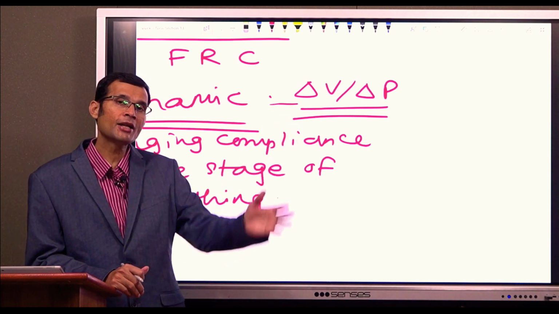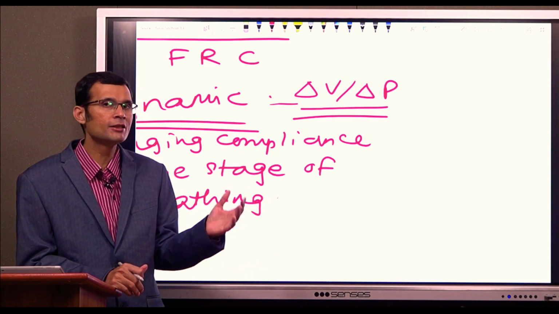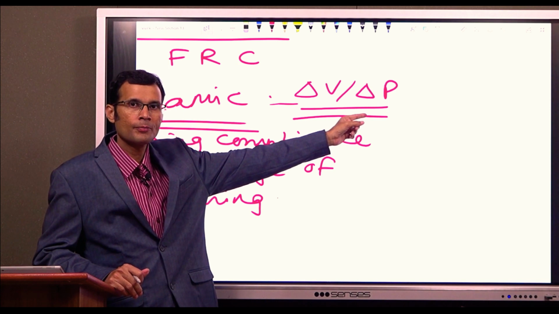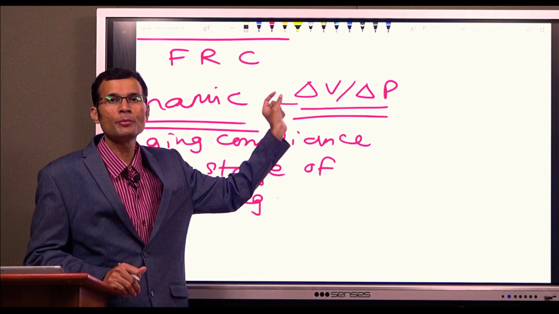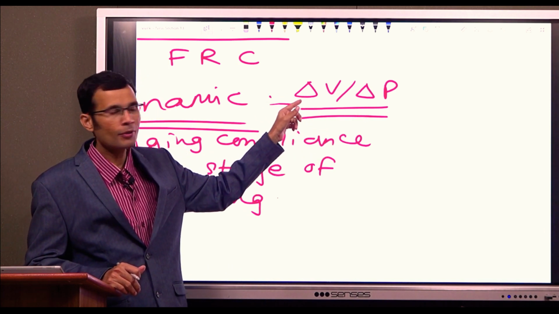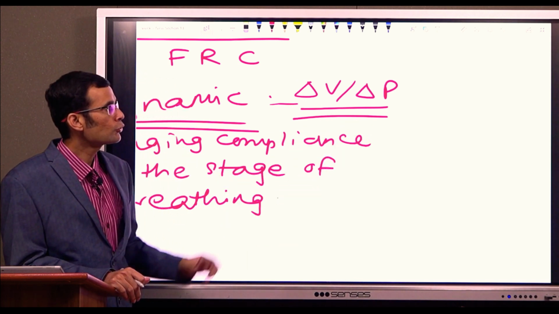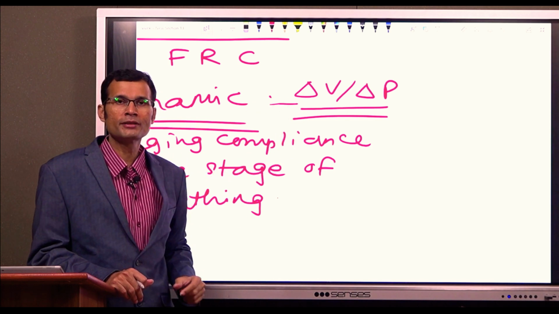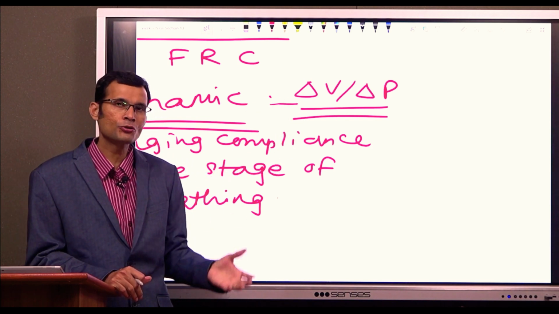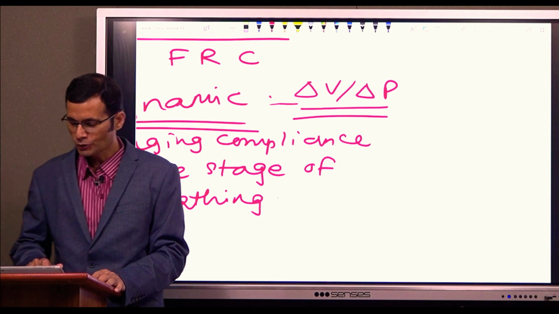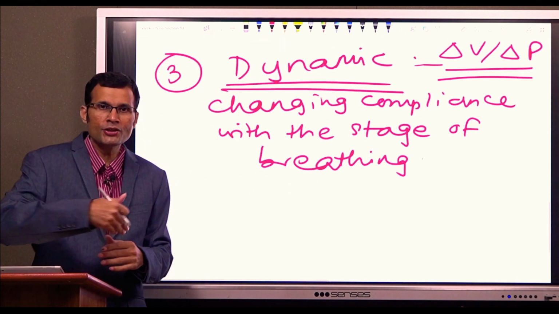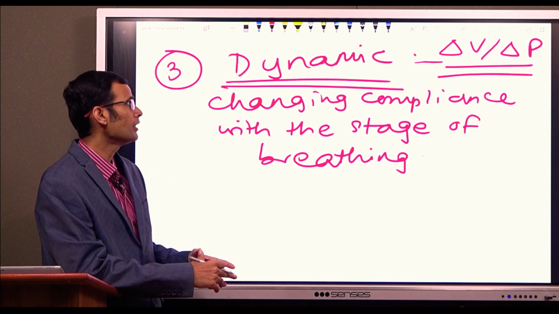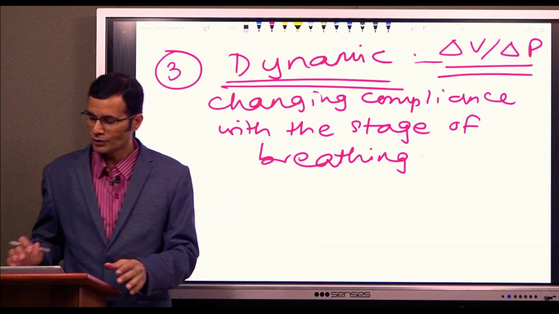And at some other stage of breathing, for a large change in pressure, there would be a small volume distension. We are talking about delta V by delta P. So for a large pressure change, if there is a small volume distension, that means compliance is not so good at that stage of breathing. So this changing compliance with the stage of breathing is called dynamic compliance of the lung.